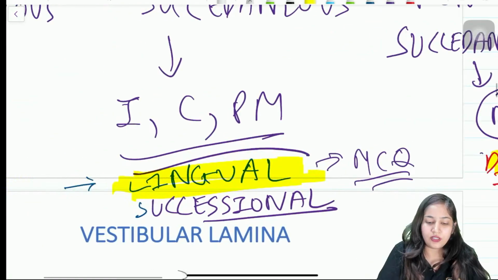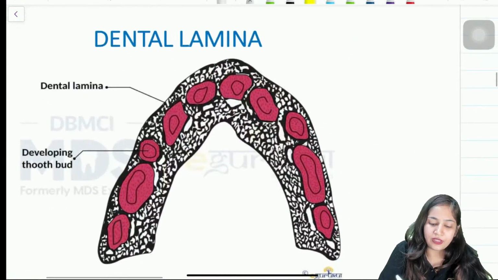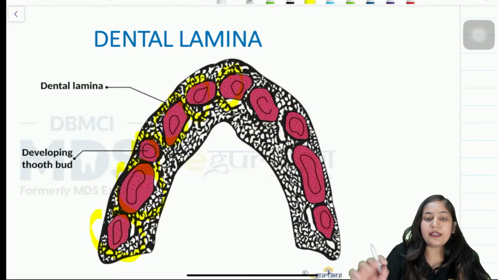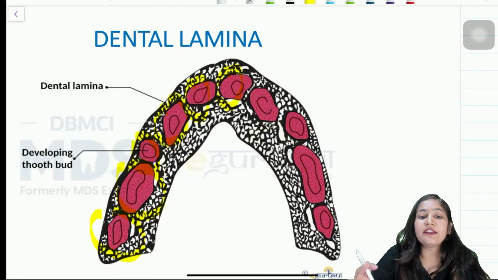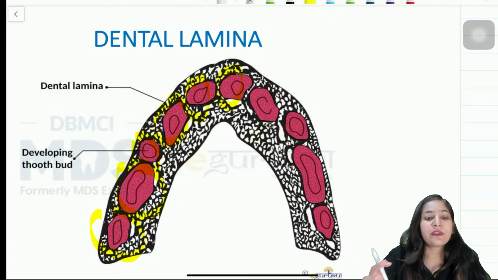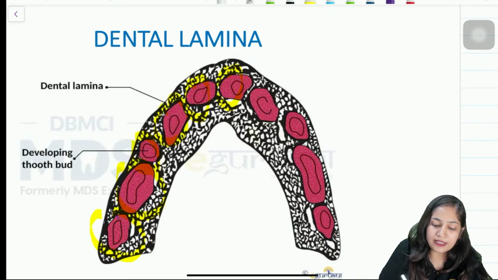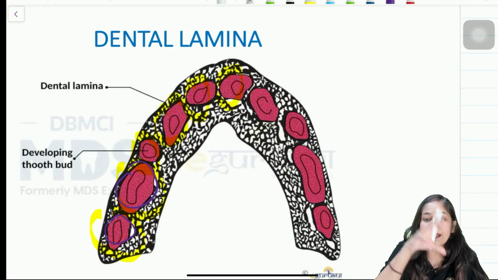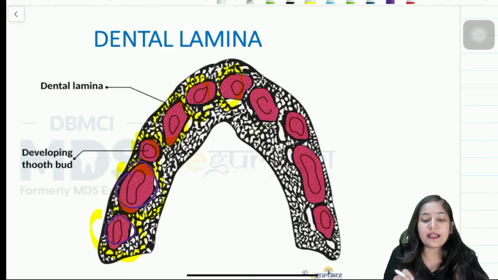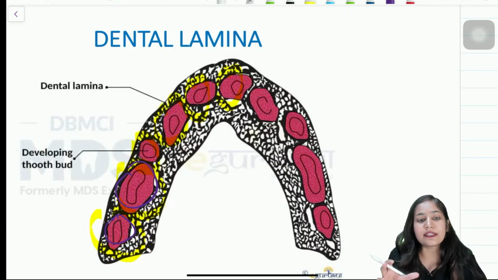Now, in this diagram, we can see there are knob-like structures present here. 10. The proliferation and differentiation of the cells of the dental lamina leads to the formation of tooth germs for deciduous teeth at 10 different locations. So basically these are tooth germs of deciduous teeth.